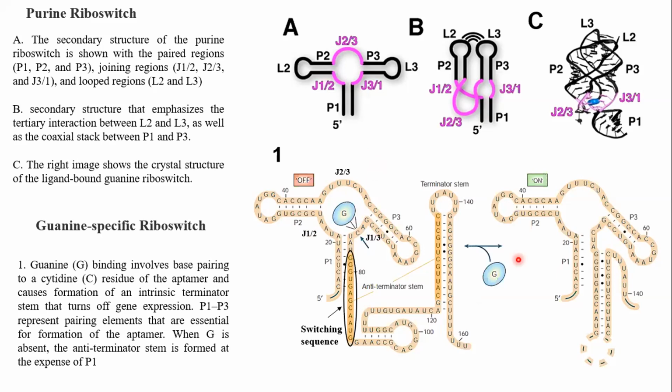But if this structure forms and the ligand doesn't bind, that means it is not present in the cytoplasm. So it gives the anti-termination signal to RNA polymerase, and RNA polymerase continues transcription of that mRNA. When mRNA is synthesized, translation will follow and the enzymes will be synthesized.